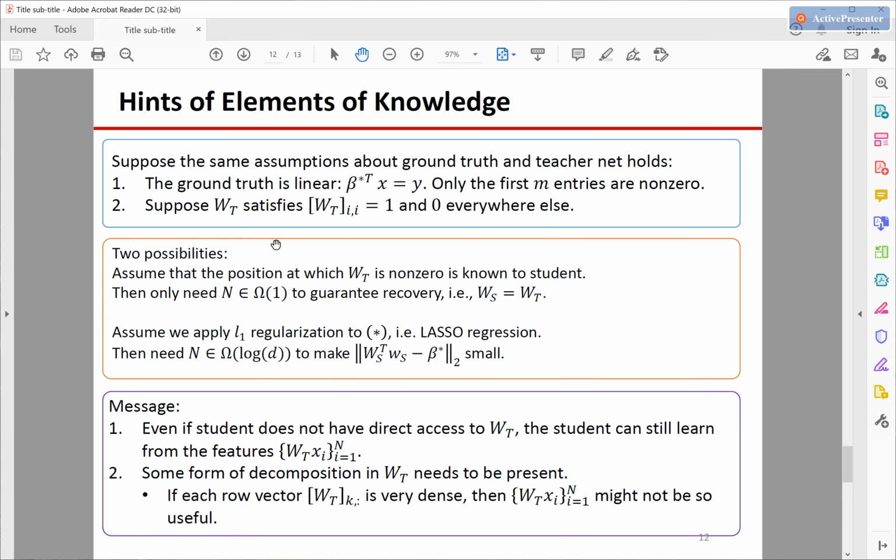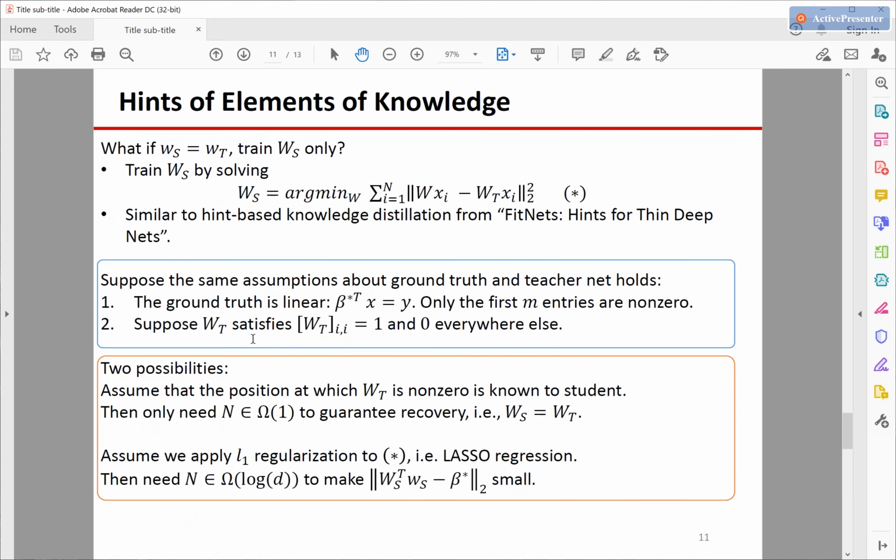Again, the theorems themselves are very artificial, and there's too much about them that seems irrelevant to reality. But some messages they convey are interesting. The first one is that if the hidden neurons of the teacher are very complicated, then we might not be able to do good student-teacher learning.